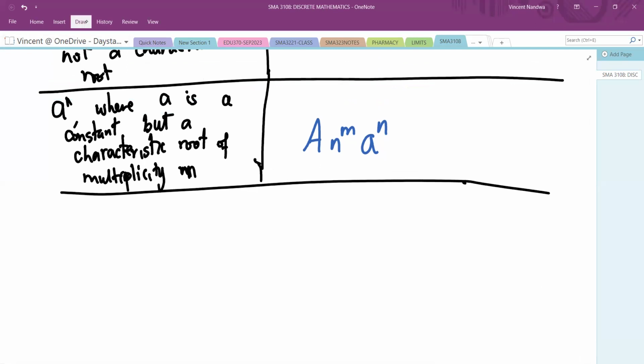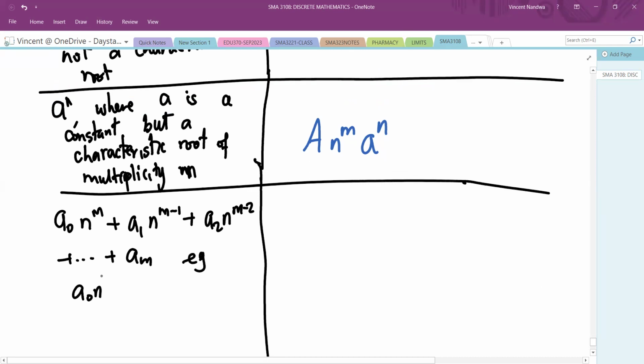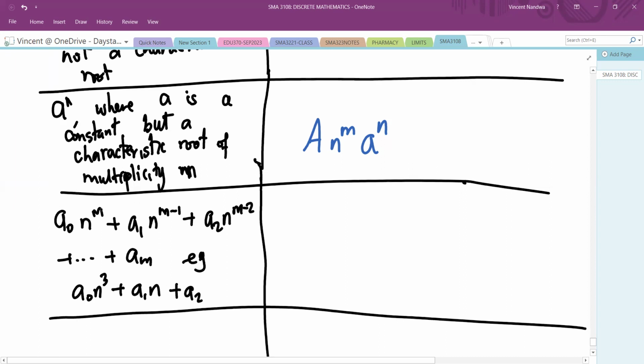Then next, if your f(n) is of this form, a_0 n^m + a_1 n^{m-1} + a_2 n^{m-2} all the way plus a_m, e.g., we can have a_0 n^3 + a_1 n + a_2, that simply means it's a polynomial in n.